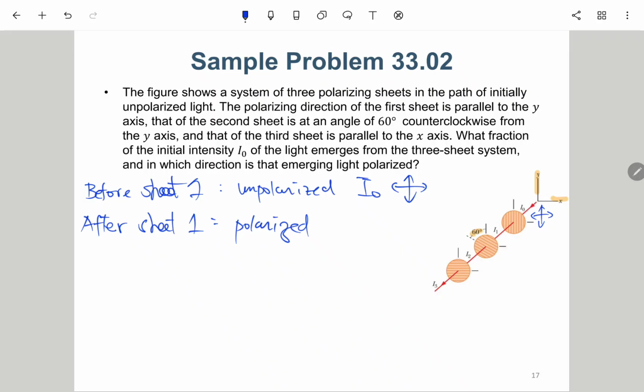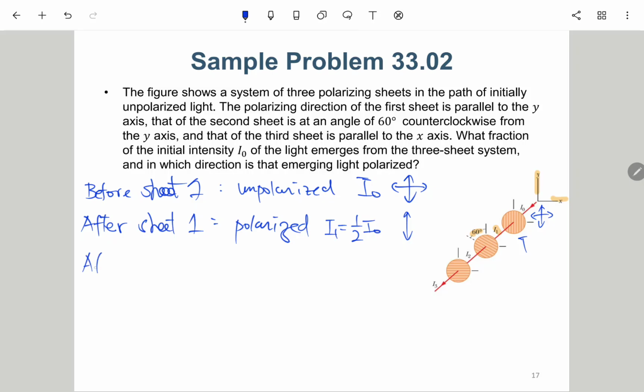The intensity I1 will be half of I0, because originally unpolarized light going through the filter will have half the intensity of the original light. And then it is vertically polarized, because this filter is vertical.